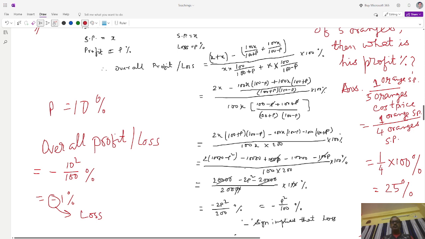But if you memorize it as a formula, then there is a chance to forget. Okay.